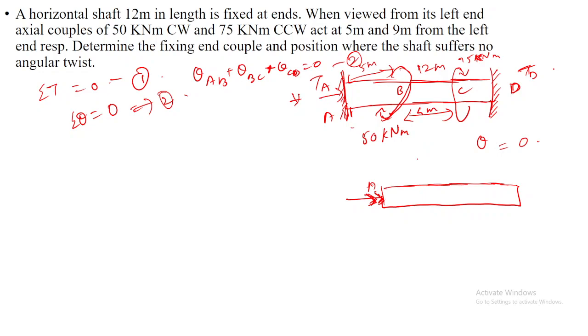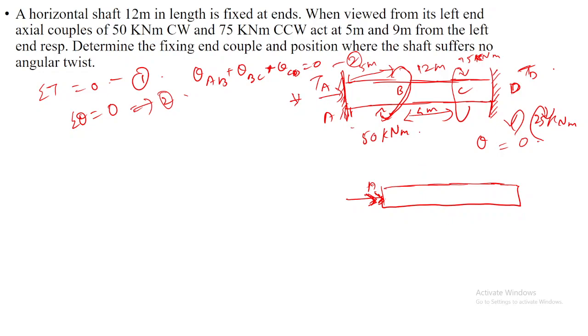So based on this, the net torque is 25 kilonewton meter counterclockwise. Opposite to that you have to add the reaction. So it should be in the clockwise direction at A, whereas for D it should be opposite to that.